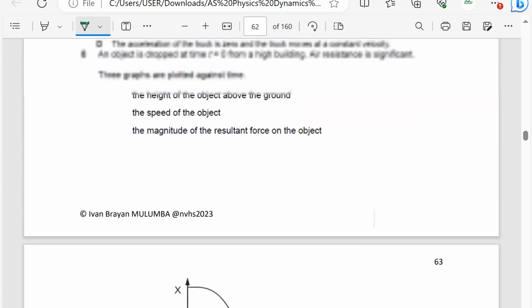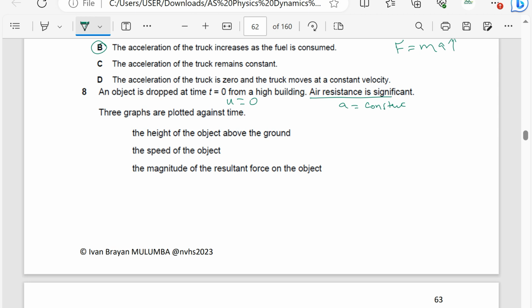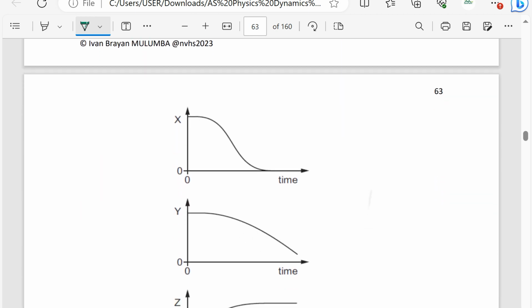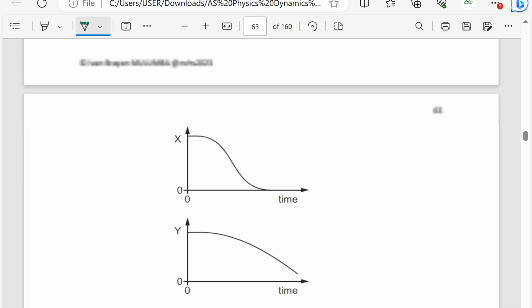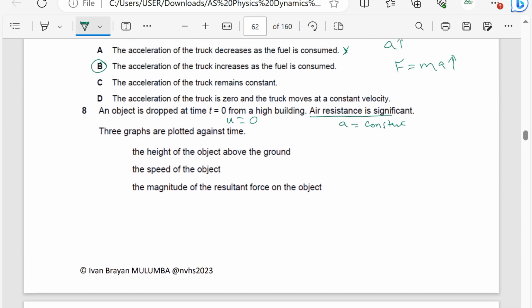So let's go back here. It is dropped at time t equals 0. Initial velocity is 0. Let's check the gradients. So z cannot be, initial velocity is 0. They said air resistance is significant.